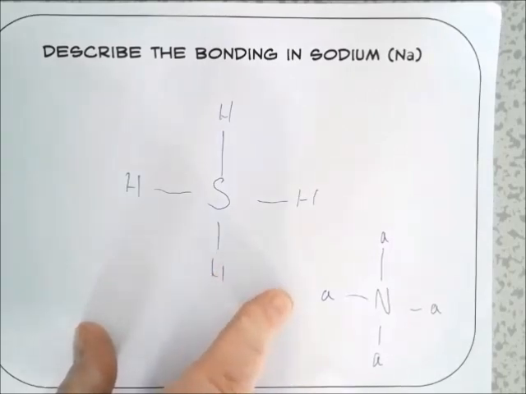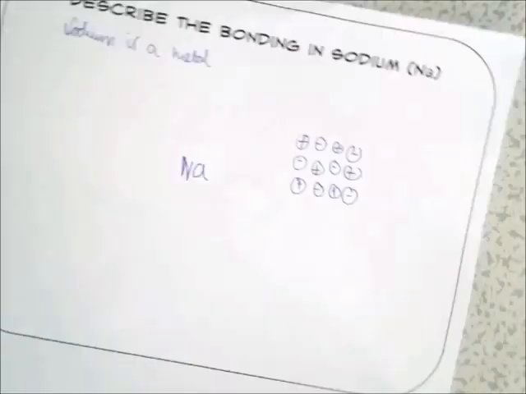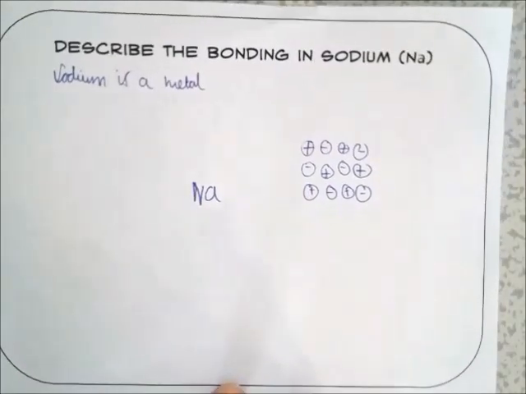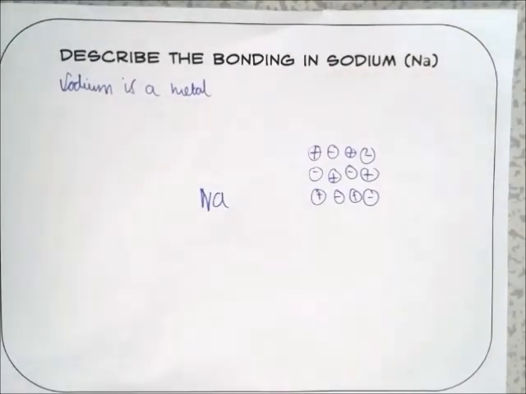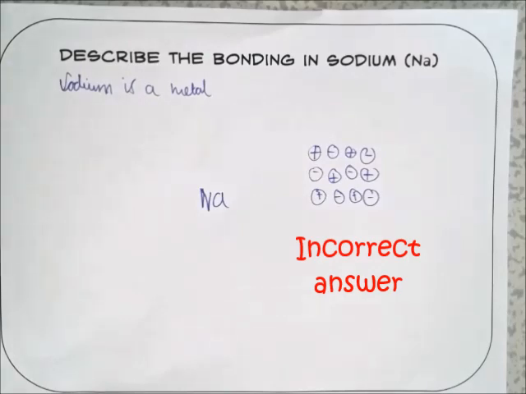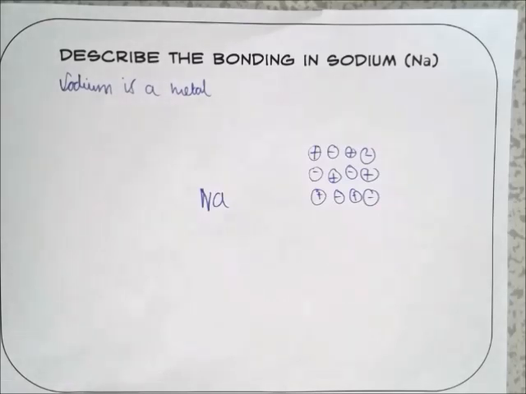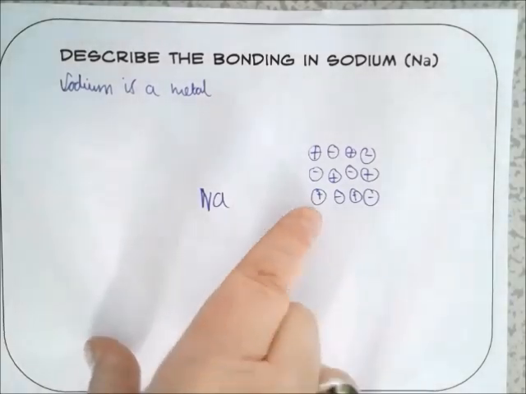So now we're going to look at another student's work. And this student has made some progress because they've remembered that sodium is a metal. They've drawn circles to show the particles in the bonding. And the particles they've shown are circles with positives in to show positive metal ions.